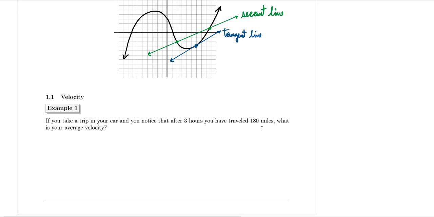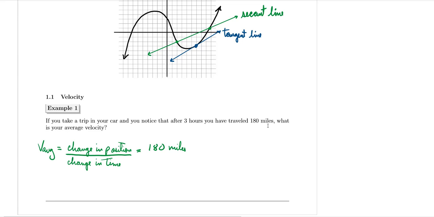Well, the average velocity, I'll just label it here as V average, is defined as the changing position over the changing time. So in this problem, what is the changing position? If you traveled 180 miles, then you moved 180 miles, that was your changing position, over the changing time.